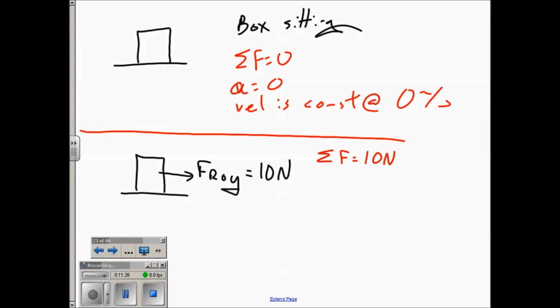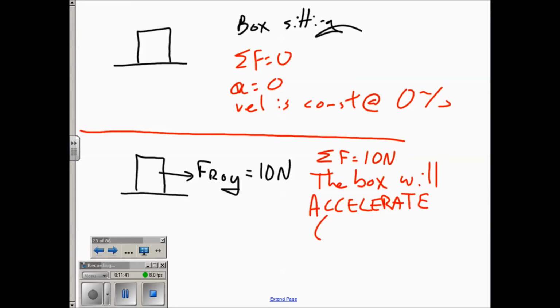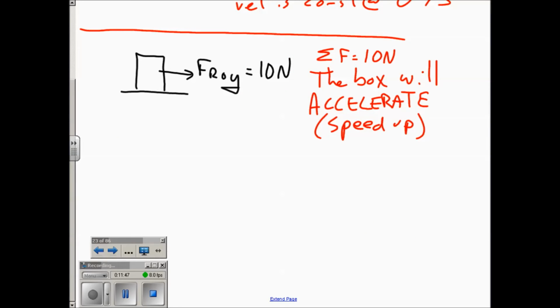Yes, the box will move, but it's more important than that. The box will accelerate. In this case, that means speed up, right? As long as Roy keeps pushing.